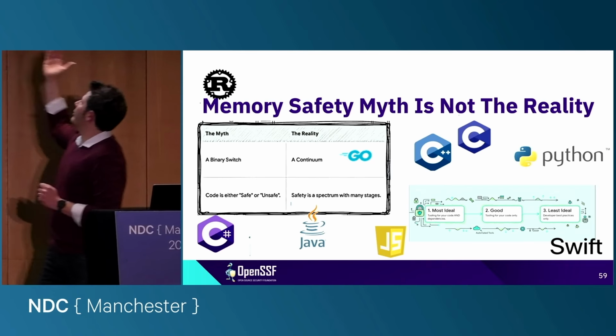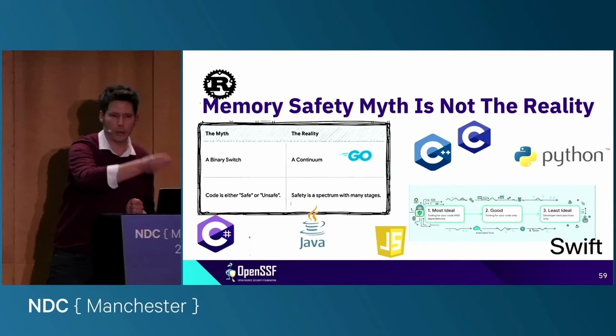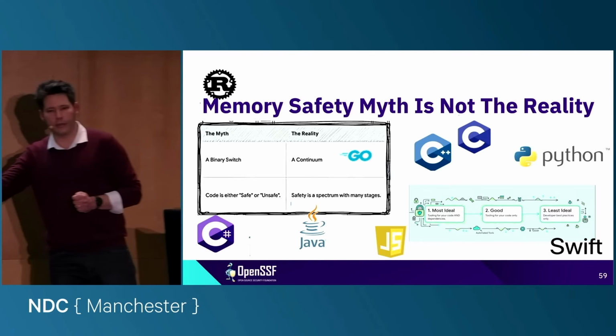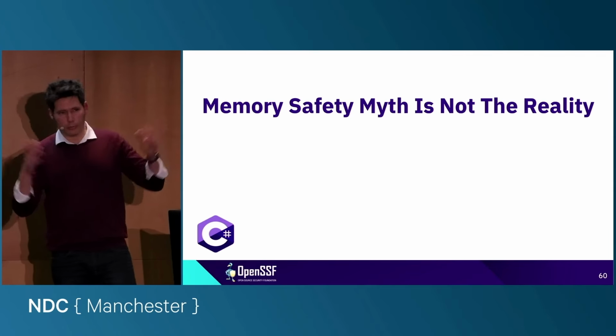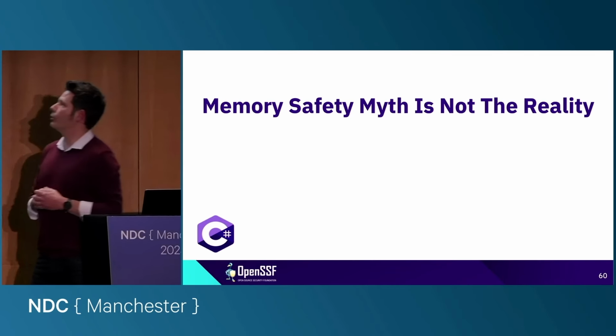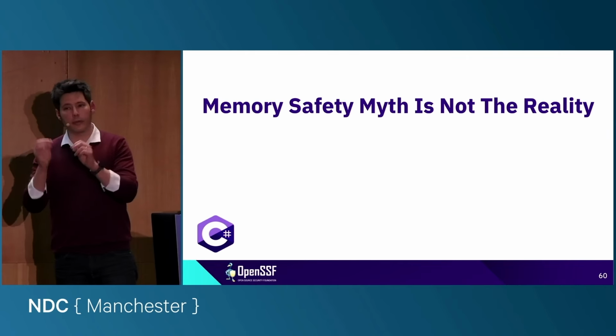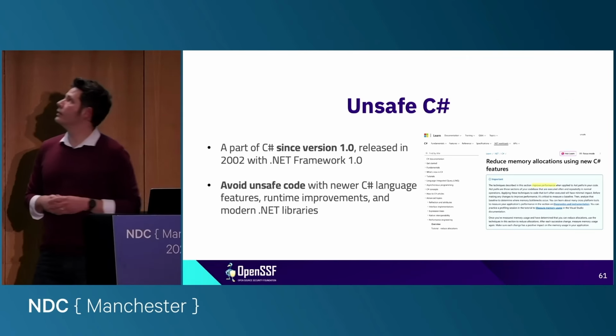So actually, there is a continuum which you can be on, going between the most ideal and least ideal. Now, let's take a look at C#, because that was part of the memory safety probes that we've seen, and try to understand the unsafe nature of C#.